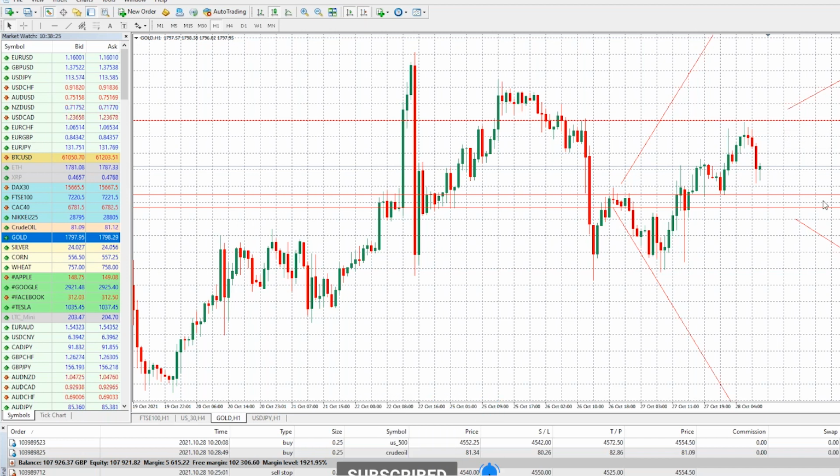If the news doesn't change, I could be selling from this resistance and buying from the support if there wasn't big news coming. If there is big news coming, you're banking on maybe a breakthrough for a buy stop and a sell stop rather than a buy limit and a sell limit, which would be for the ranging movements. But you can use these strategies on any instrument.